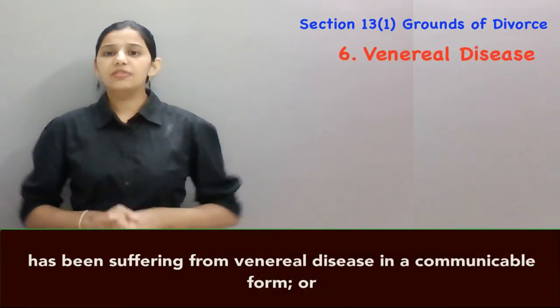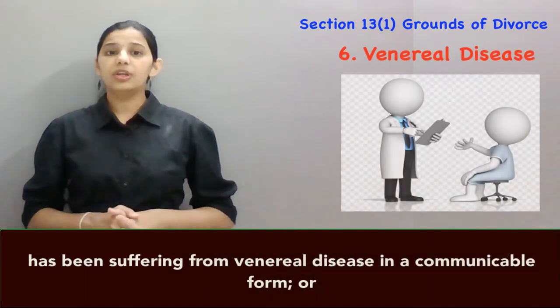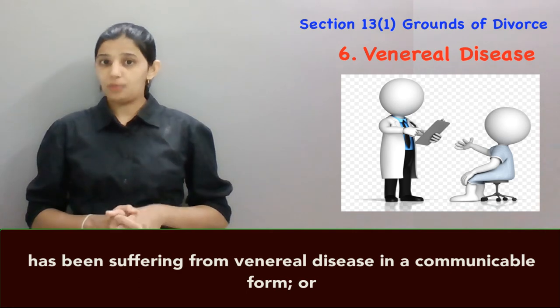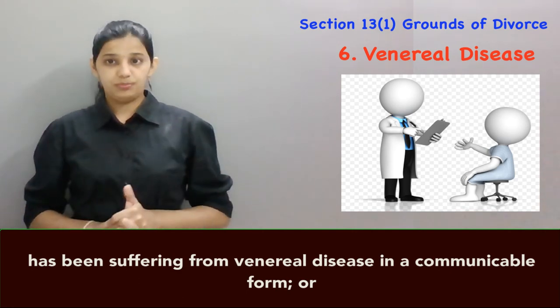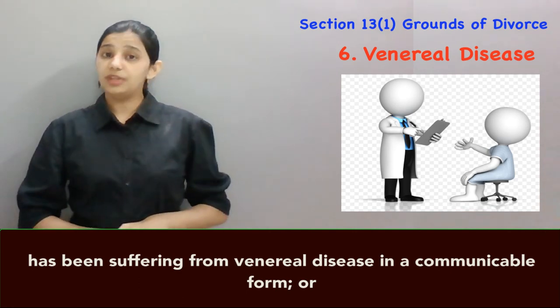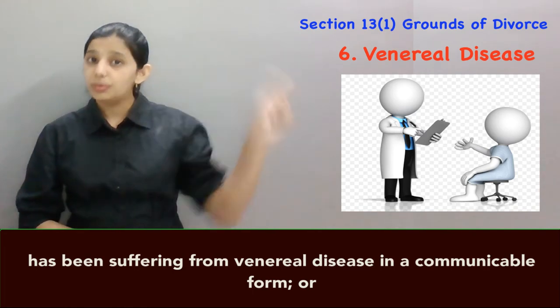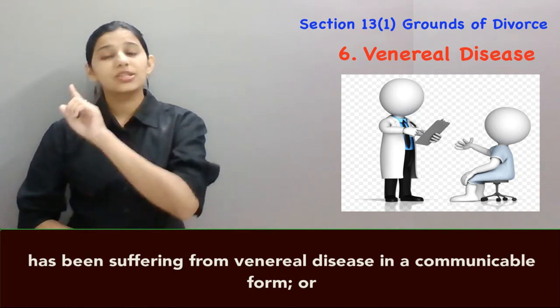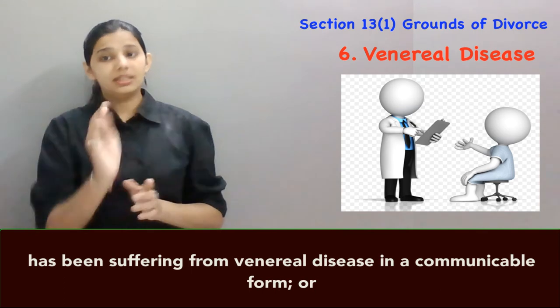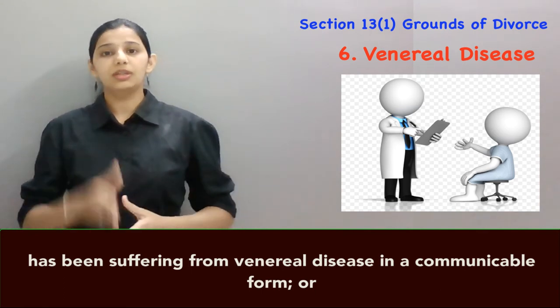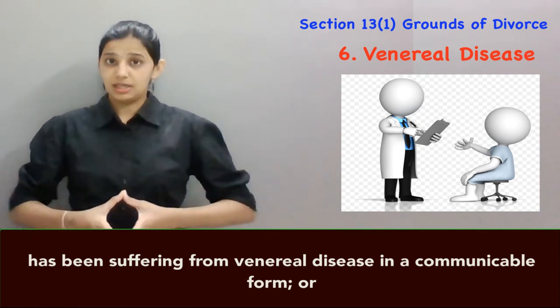The sixth ground of divorce is venereal disease. If the other party has been suffering from venereal disease in a communicable form, it is a valid ground for divorce. The ground is made out if it is shown that the disease is in a communicable form, and it is not necessary that it should have been communicated to the petitioner, even if it is done innocently.